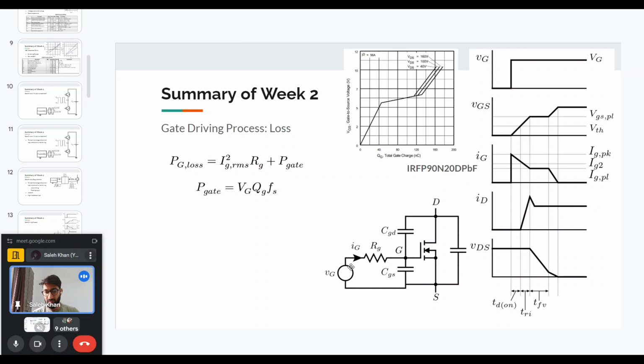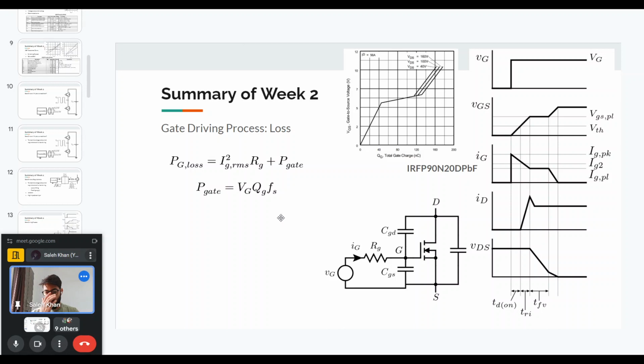Then there are losses due to the charging and discharging of the gate capacitances. This P gate you can find from the data sheet, the total gate charge that is given. Due to that, there will be some losses, and the equation for that is given here.